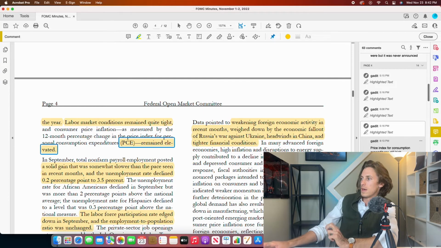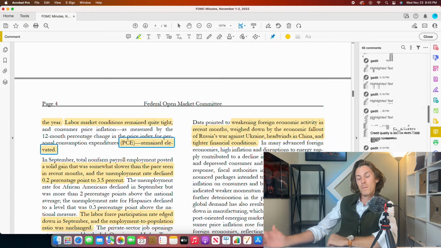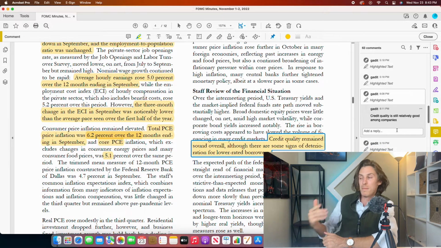Because food and gasoline are more volatile and more based on external factors, while consumption can be controlled more and more through federal policy. And in some cases, some local federal banks actually calculated a core inflation of 4.7%, which is even better. We're still not close to the 2%, but numbers are looking better and better, which is good. And this is from the November meeting, so 2 weeks ago. I'm very curious to see what will happen on the next one.